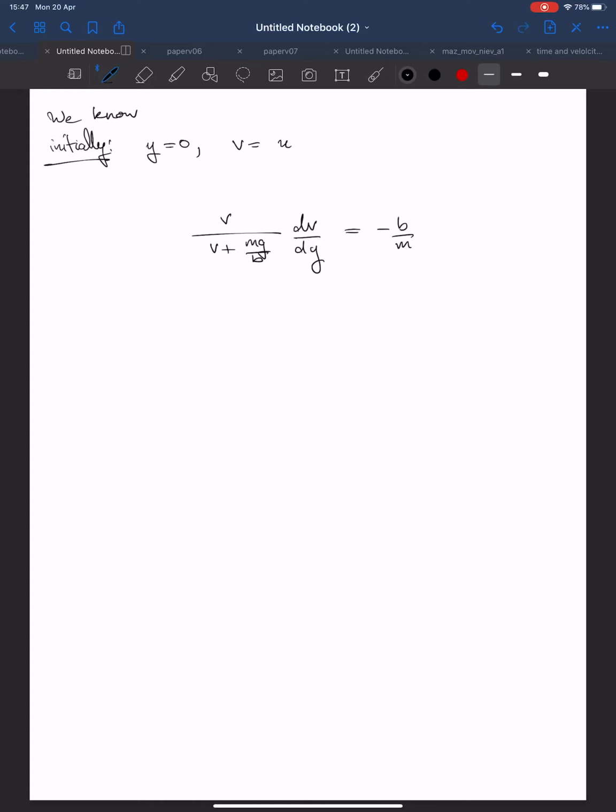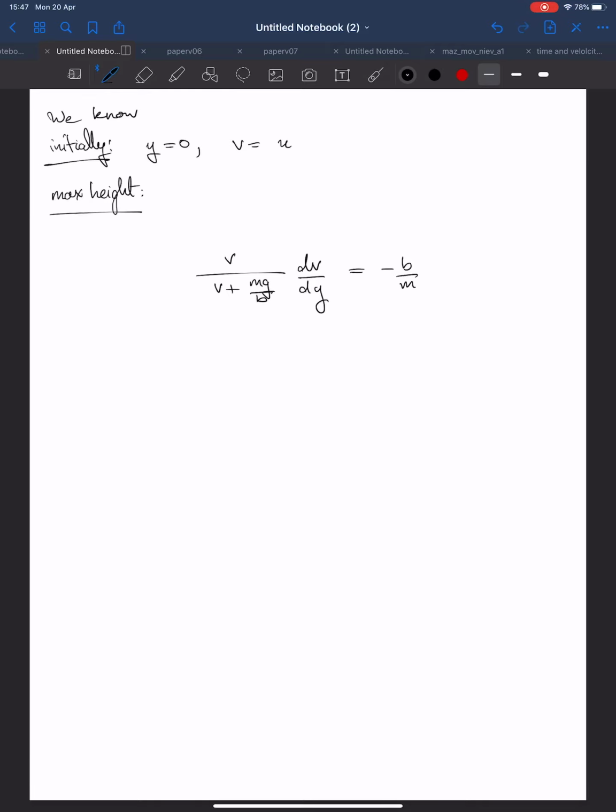Additionally, when we reach max height, this gives us the following condition. There's a magical value for max height, capital H, where v is instantaneously 0.